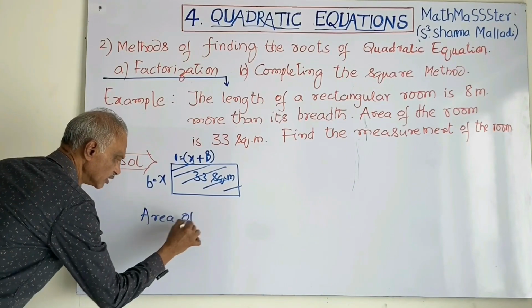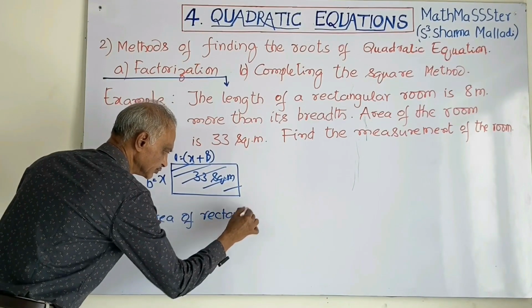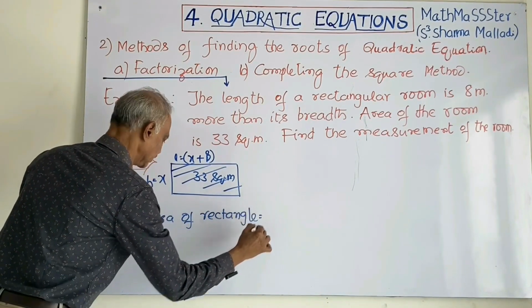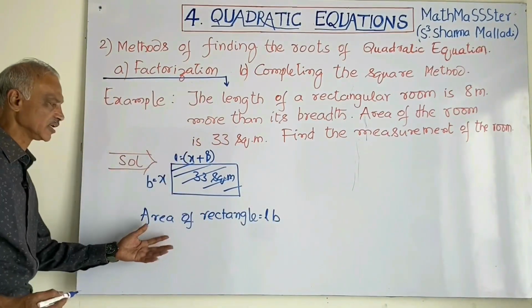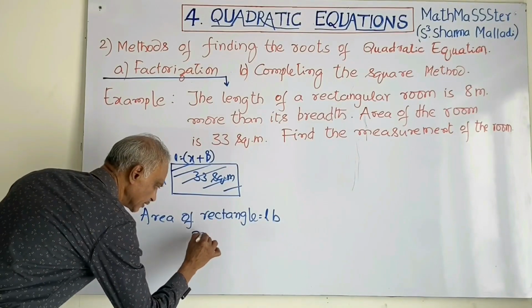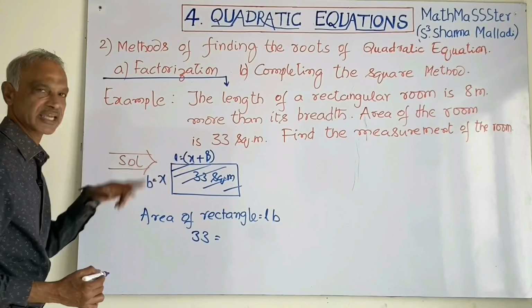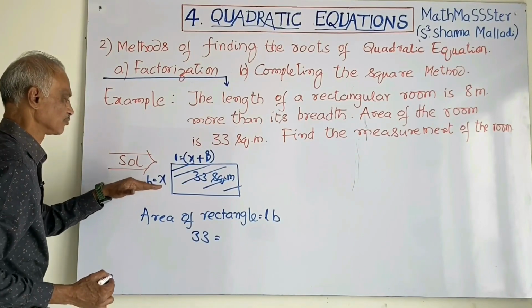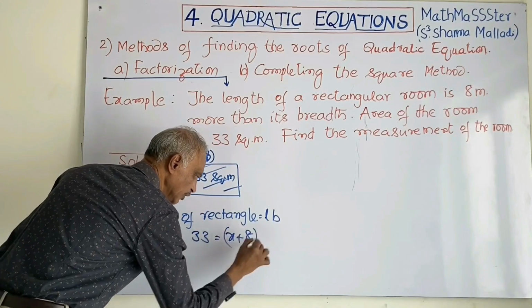Area of rectangle is equal to length into breadth. The area of the rectangle given is 33 square meters. 33 is equal to, what is the length here? x plus 8, and breadth will be x. x plus 8 into x.